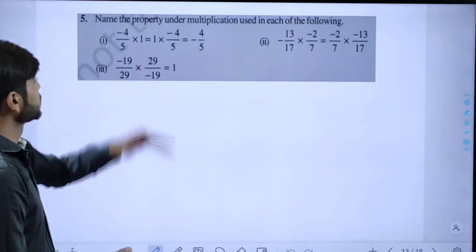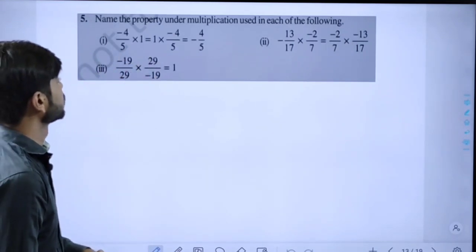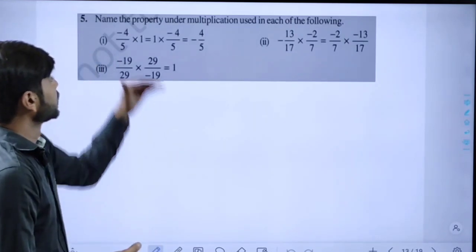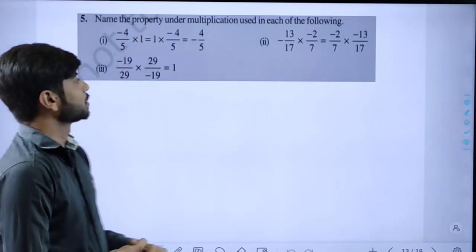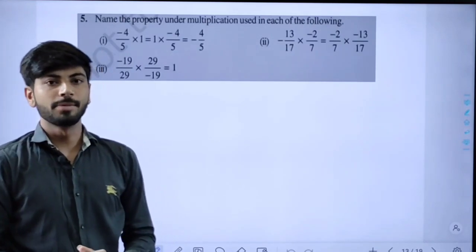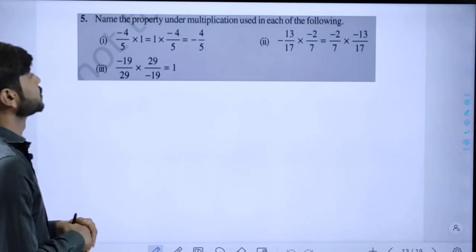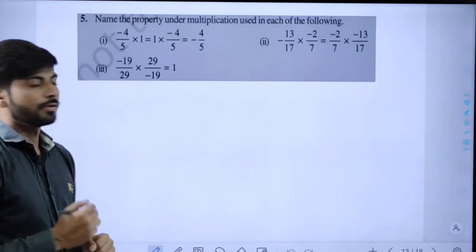You can see it is a changing of order, so it is commutative property. Also you can say it is multiplication with 1, so it is multiplicative identity too. But here 1 is used, so we will say it is multiplicative identity.